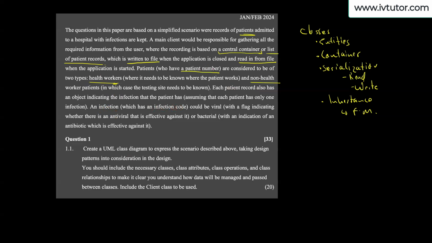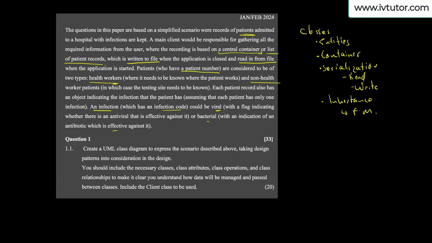Again, this tells you this is a class because we've got an attribute. An attribute has to live within a class. So already I see that I've got an infection, which could be viral, with a flag indicating whether there's an antiviral that is effective against it, or bacterial with an indication of an antibiotic which is effective against it.